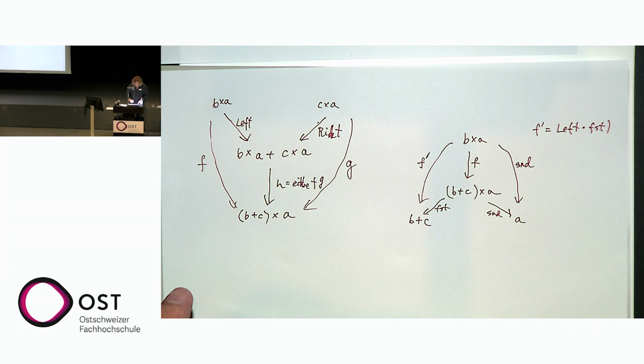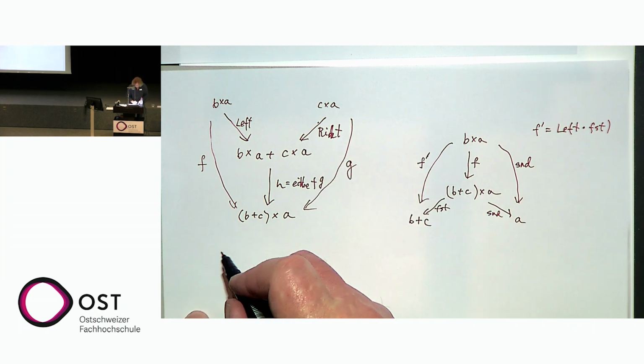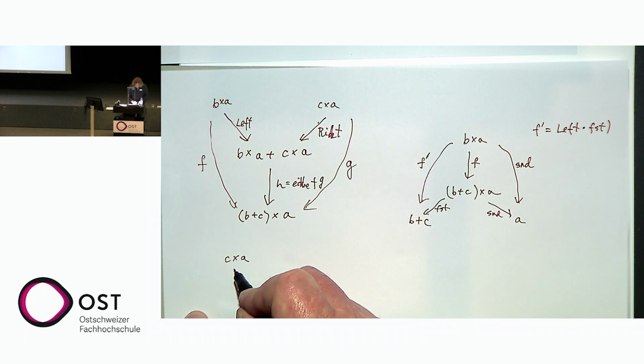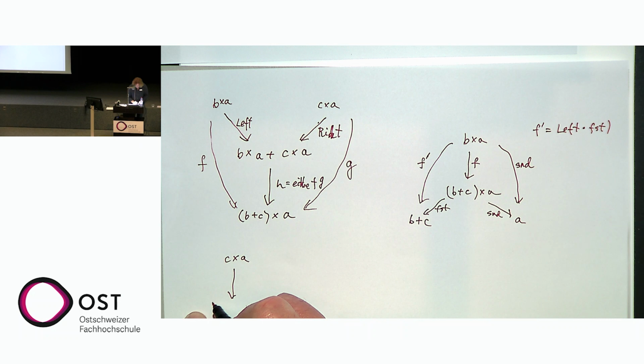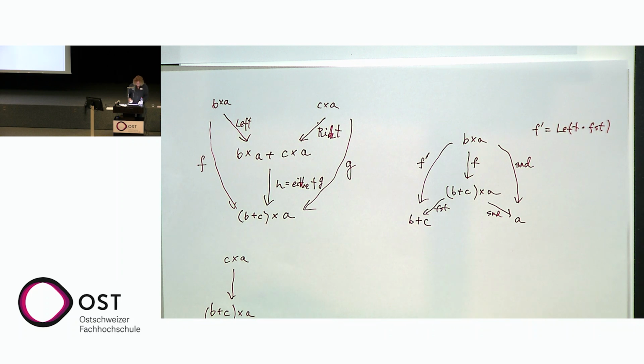Correct? Okay, the second one is G, from C cross A to B plus C cross A. Now again, this is a mapping into a product. Okay, no problem. So second, first.